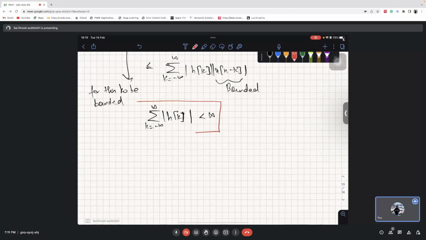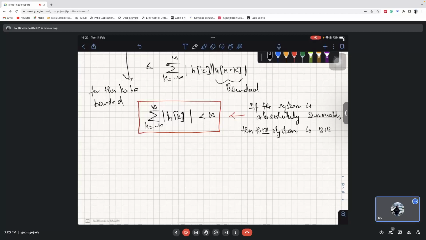So basically, if the system is absolutely summable, then the LTI system is BIBO stable. These are the BIBO stability conditions.